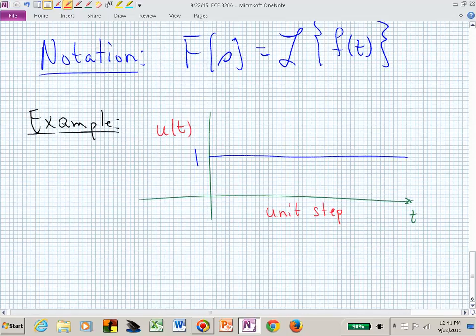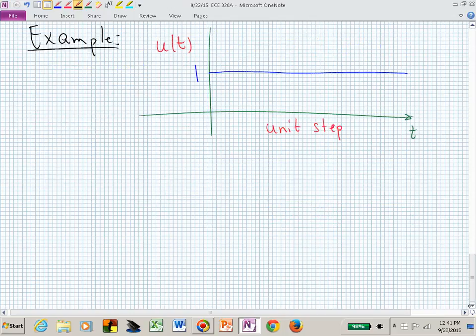Or you can think of this now, if you know how to find the Laplace transform of a unit step, you now know how to Laplace transform any constant. You just have to scale the result that we have for the unit step. And this example is illustrating this concept of Laplace transforming a signal, and in this case it's a particular signal, which is the unit step.